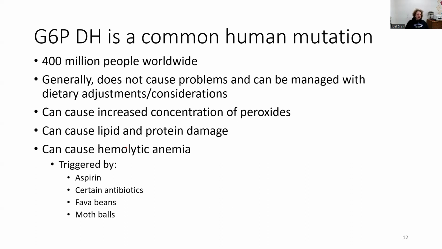For instance, nitrofurantoin is an antibiotic that can trigger hemolytic anemia in someone with glucose 6-phosphate dehydrogenase deficiency. And that's an antibiotic that is pretty commonly used for urinary tract infections. You can also be susceptible to hemolytic anemia by taking certain sulfonamides, which are generally used to treat bacterial infections.